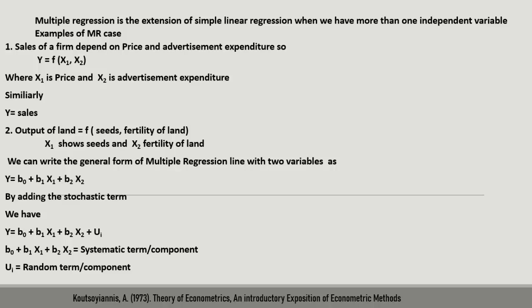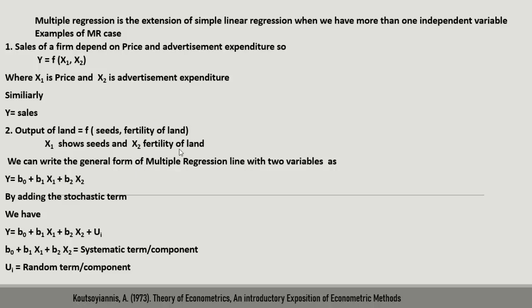So we can write mathematically y as a function of x1 and x2, where x1 shows price, x2 shows the advertisement expenditure and y shows the sales. So it becomes a case for the multiple regression model. Similarly, we can say the output of land depends on seeds and fertility of land, where x1 shows seeds and x2 shows fertility of land.